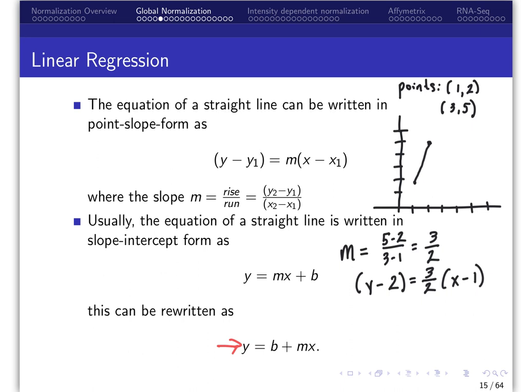Reducing the point-slope form of the equation to slope-intercept form, we get this result. This equation describes a functional relationship between the variables x and y. In the real world, such a relationship may not be perfect, but rather a statistical relationship may exist.